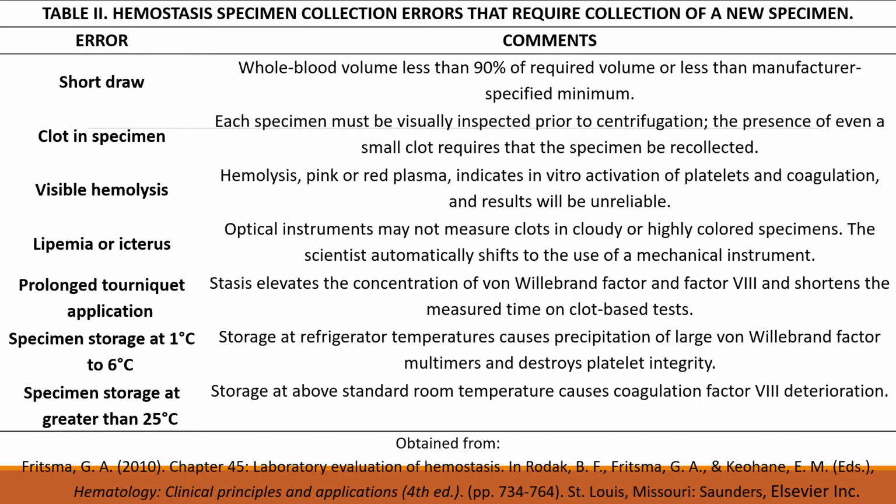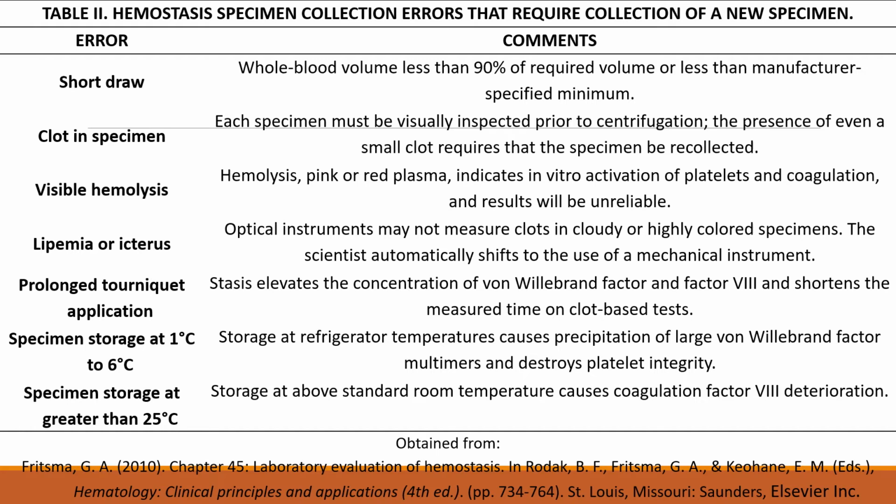Next, you have clot in specimen. The presence of clot in the specimen would indicate that the sample already underwent premature activation of the coagulation cascade prior to adding the reagents for the coagulation testing. It defeated the purpose of the test, so you have to recollect the sample.